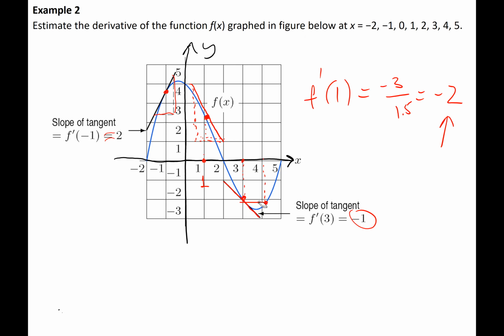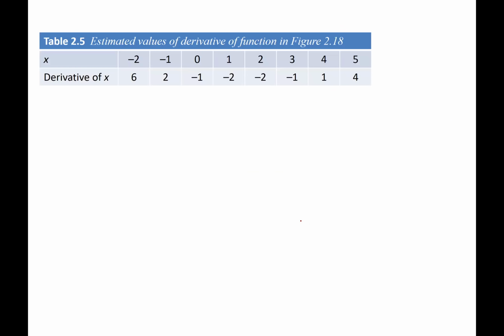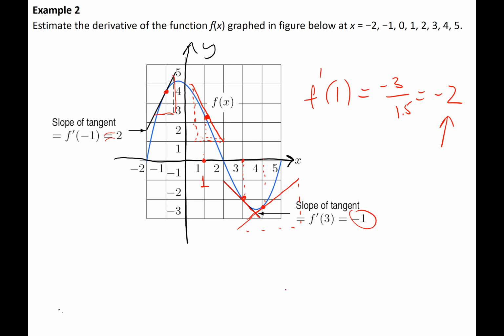No, I didn't want to draw. 4 is actually here. That means 4 is not symmetrical, but at 4 it will be a little bit less, maybe also 1. That means the derivative at 4 is also 1.